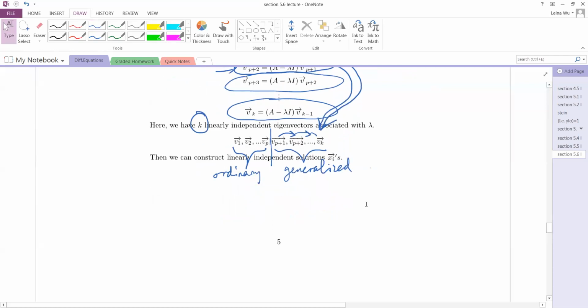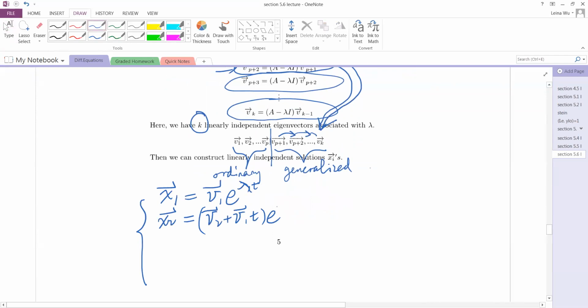So x1 would be v1 e raised to the lambda t, correct? Yes. And x2 would be v2 plus v1 t, times e raised to the lambda t, right?